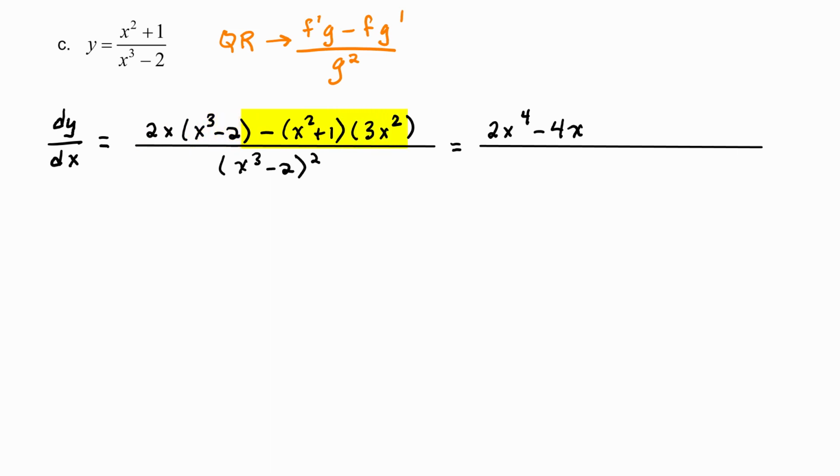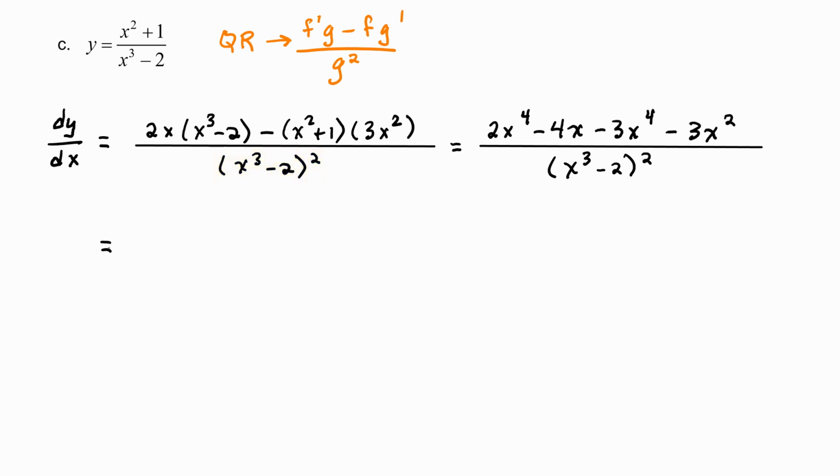For this second term, we have a negative 3x squared times x squared, so we will subtract 3x to the 4th, and then we have a negative 3x squared times 1, so we will subtract 3x squared, and our denominator remains the same, the quantity x cubed minus 2 squared.